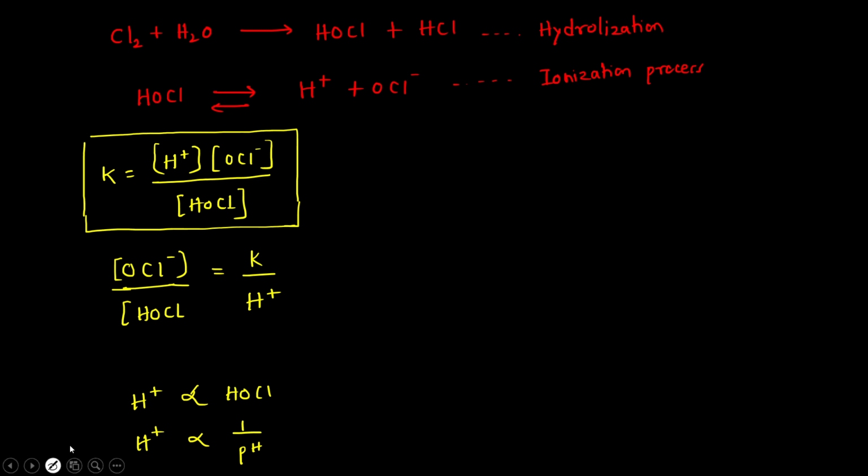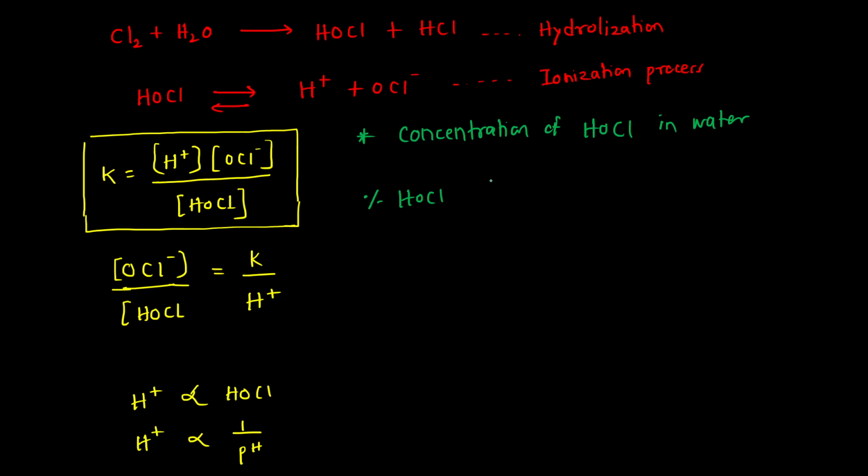Now we have to write some other formulas also, for the concentration of HOCl in water. How do we calculate that? First, percentage HOCl is equal to the amount of HOCl divided by HOCl plus OCl minus, multiplied by 100.